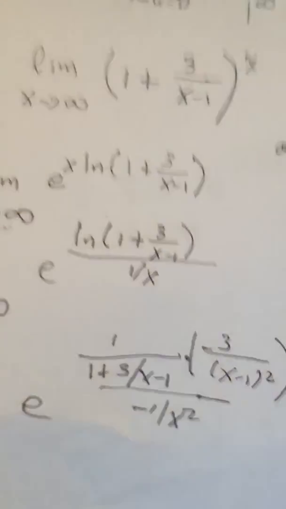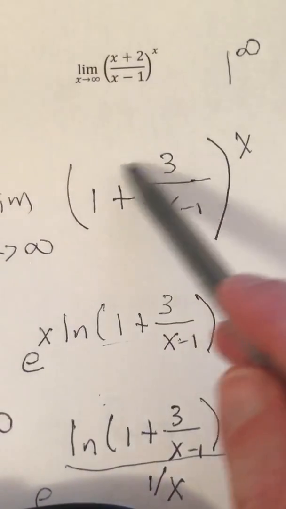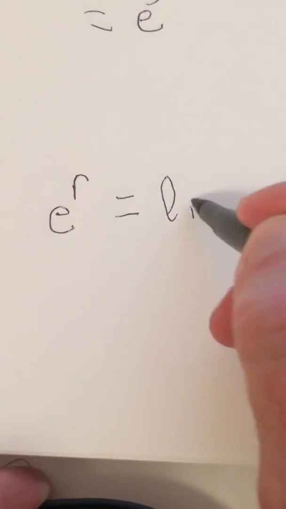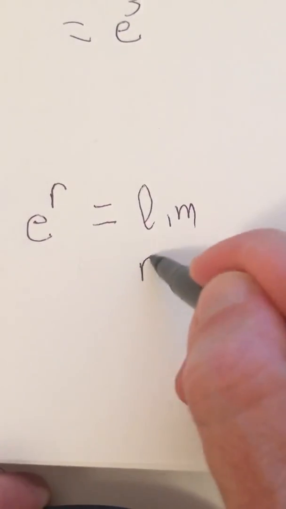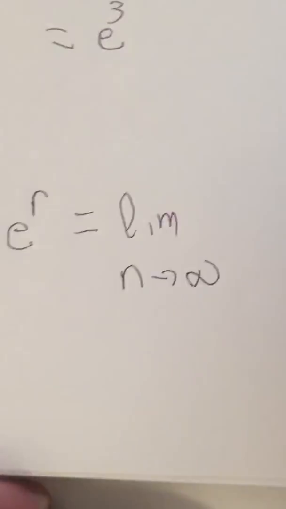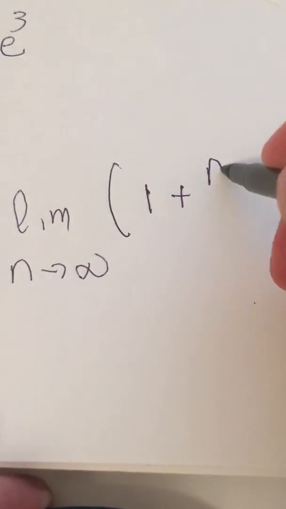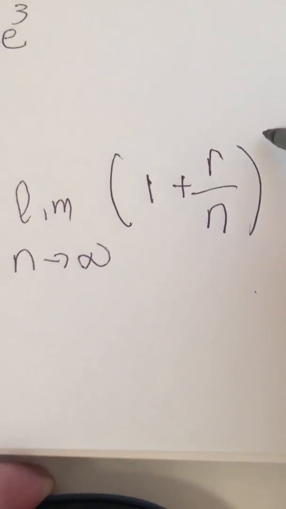If we go back to this point, what you have to keep in mind, and this is helpful, is that you think of e to the r as being the limit as n goes to infinity of (1 plus r over n) to the n. Okay, that is helpful.